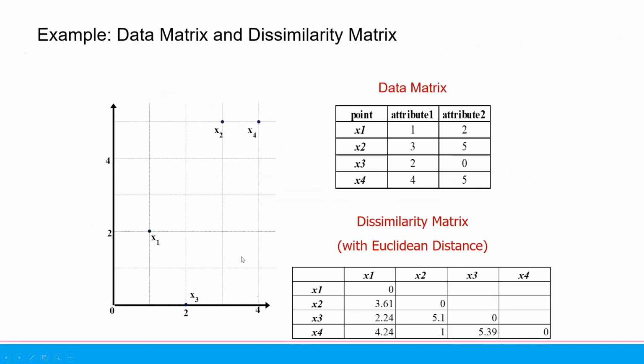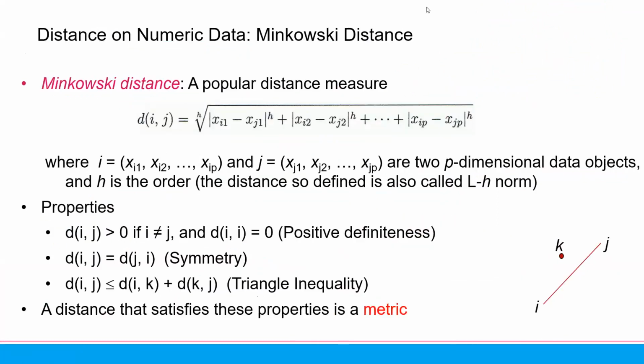It means that if we have x1 and x3 like this one, of course there is a distance, so the distance will be higher than 0. If it is the same object, Dii, then the distance will be 0.